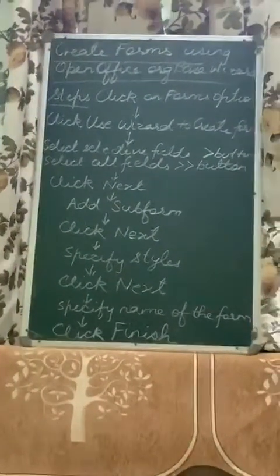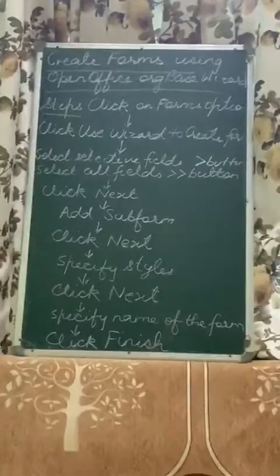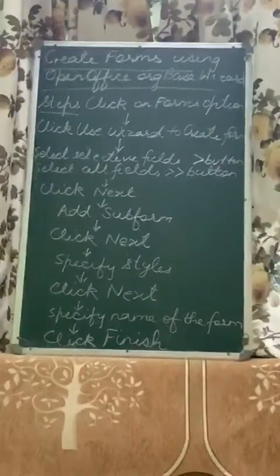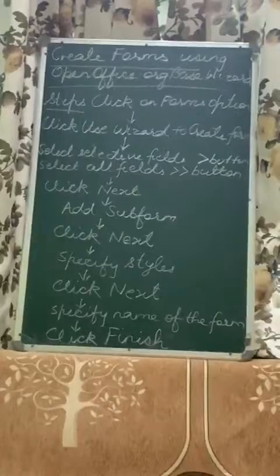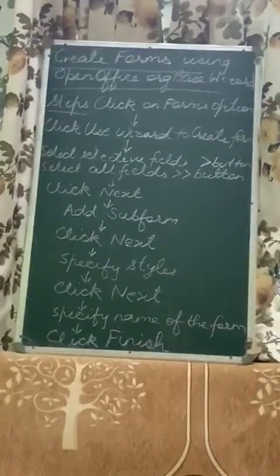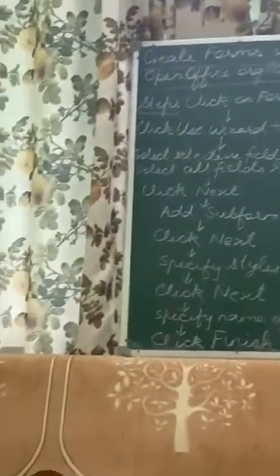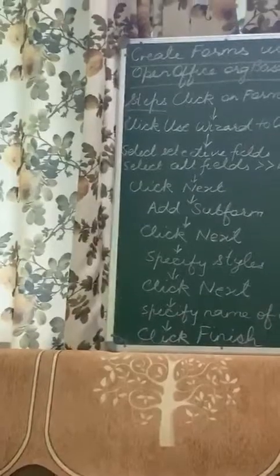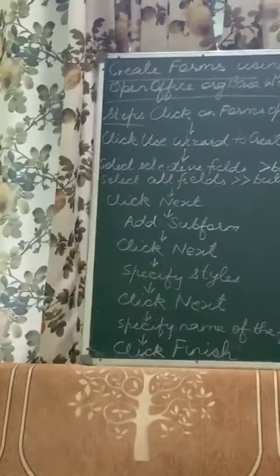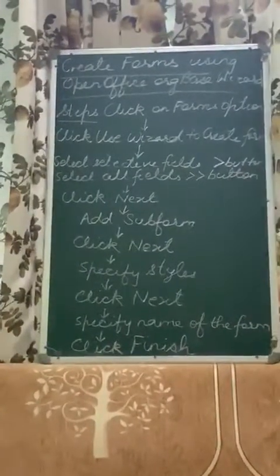If you need selective fields, you select them by clicking on the single greater than button. But if you need to select all the fields from the table in a form, then you click on the double greater than button. Then you will find those fields displayed under the fields in the form section. Then you will click on next.